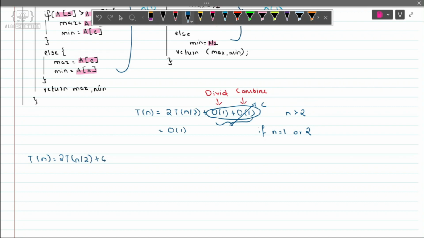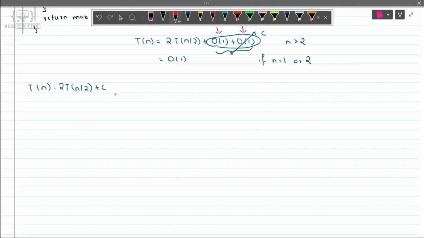Now let's find the time complexity. This is actually the cost to divide and combine only at first level.